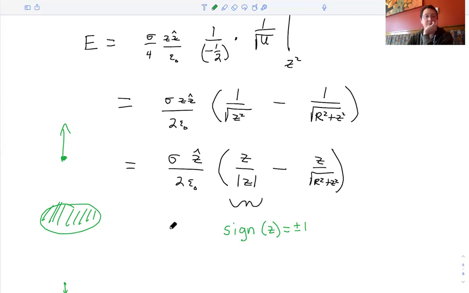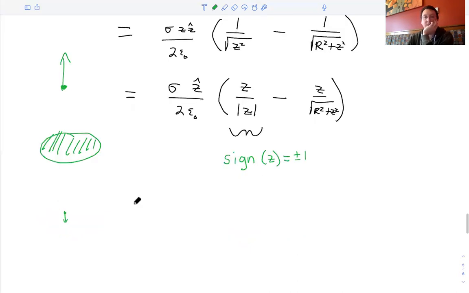Maybe I should try to come up with one, but it is what it is. For us, this is a nice application of what we've been talking about, but what I really want to highlight is what happens when we take the limit for a huge disk.